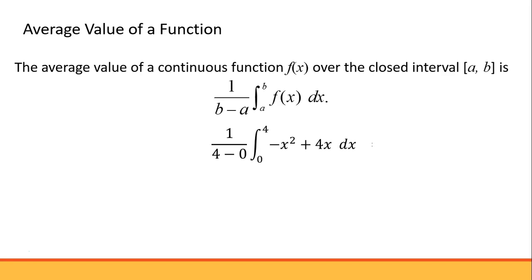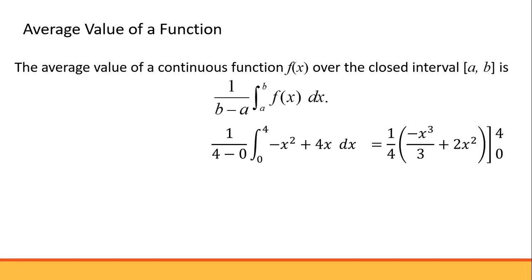For the function we just looked at, negative x squared plus 4x, we were looking at x-coordinates of those points that were from 0 to 4. So we want to find the integral from 0 to 4 of our function, and then multiply that times the fraction 1 over 4 minus 0, because our x-coordinates went from 0 to 4.